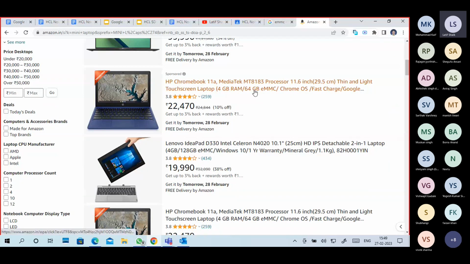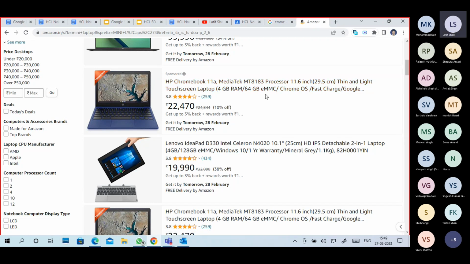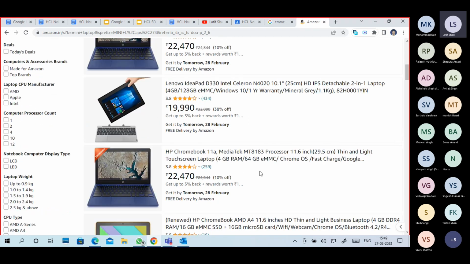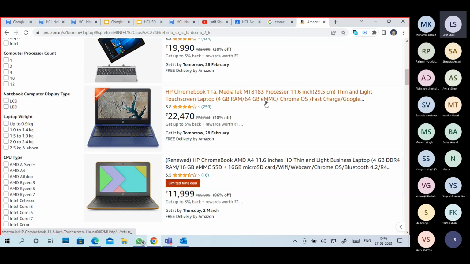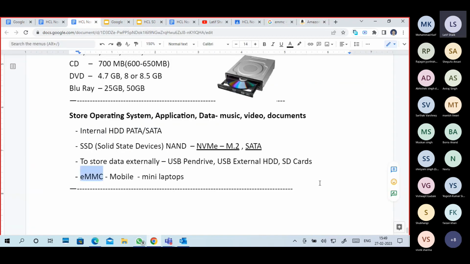You can see 64 GB eMMC here on this Chromebook, with Chrome OS and 4 GB RAM. Like your mobile phone, it has the same eMMC storage. This is eMMC storage plus a 16 GB micro SD card, which can also be connected. These are the different types of storage.